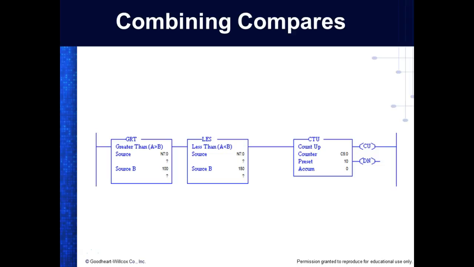But if source A, which is coming from direct addressing, N7:0, is greater than 100, then this would be true. This says if N7:0 is less than 150, this would be true. So this would be true between a range of what? 101 to 149.